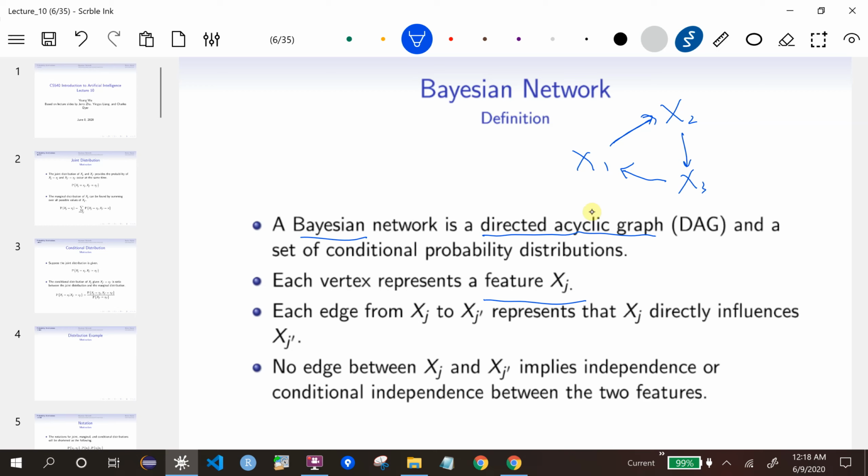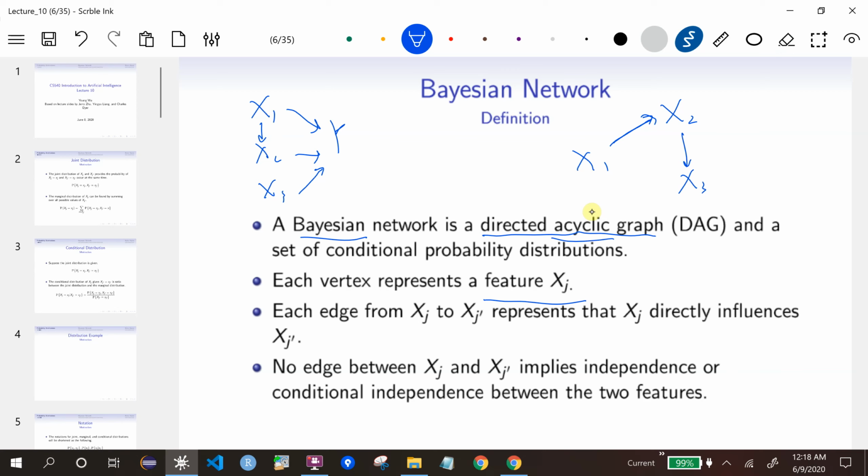If you think about what used to happen, we have x1 influencing y, x2 influencing y, and x3 also influencing y. That's basically what used to happen. Now we are assuming there are relationships between these features as well. But we're not going to allow a cycle like this because it does not make any sense. There cannot be a cycle.